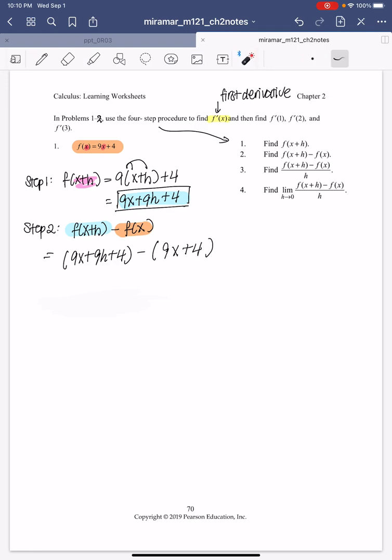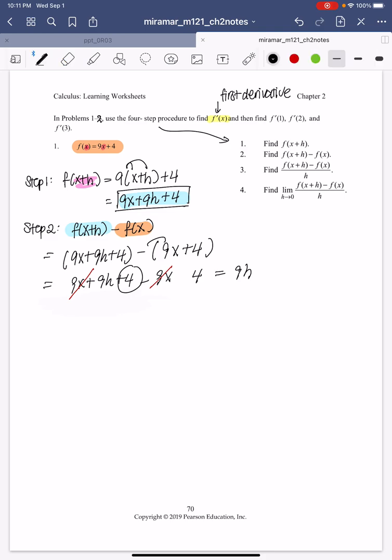Notice that I put the parentheses because you want to subtract both terms. If you miss the parentheses, you're going to forget to distribute the negative, which is very important. So I have 9x plus 9h plus 4 minus the quantity 9x plus 4. So 9x cancels out. I have 9h and then add 4. Oops, I made a mistake here.